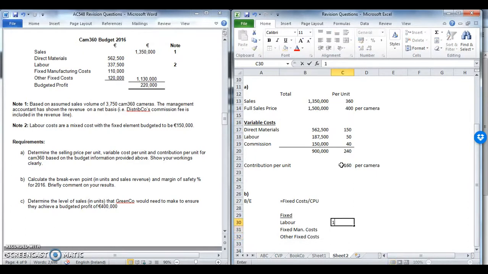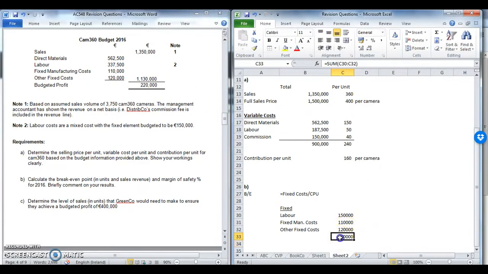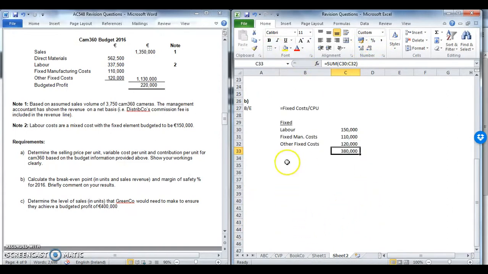So we'll put them in. We know the fixed element of labour is 150. We know that fixed manufacturing costs are 110, and we know the other fixed costs are 120 from the question up here. So adding those together gets us to total fixed costs of 380,000. We already know our contribution per unit is 160 from above.